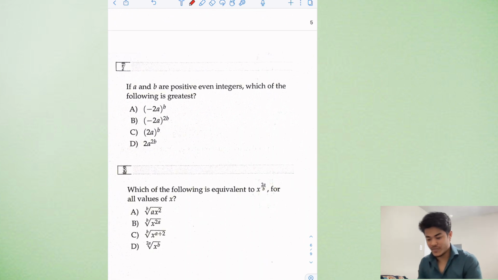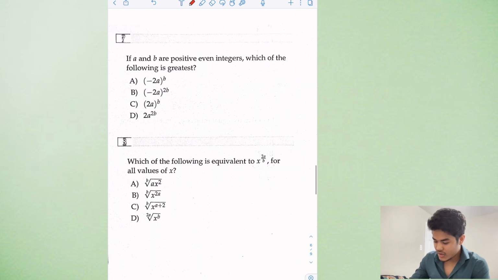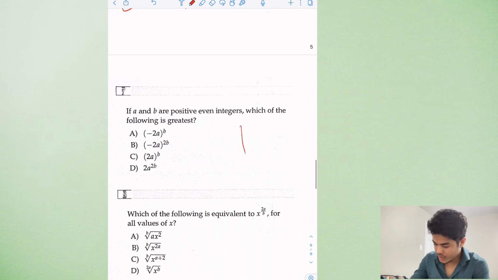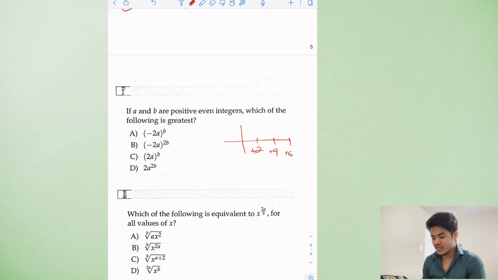Question number 7. If a and b are positive even integers, which of the following is greatest? On the number line, positive even integers are 2, 4, 6, and so on. Which of the following is greatest? In this question, we can solve by putting in values for a and b. For example, let's say that a and b are equal to 2.